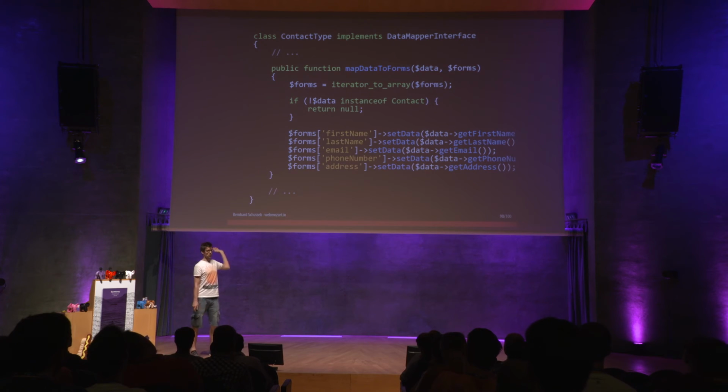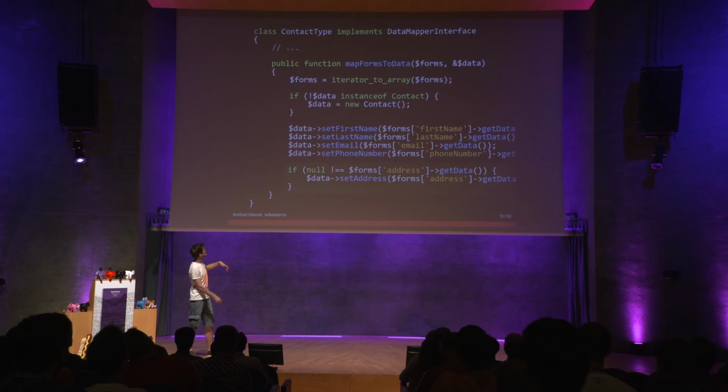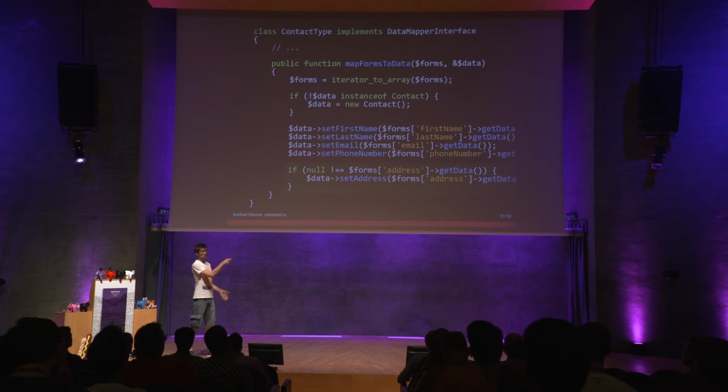And the second thing is you must prevent Symfony from calling the setter if the value is null. And you learned how to do that before. You can write your own data mapping logic, implement data mapper interface, and one way is quite straightforward, but on the other way back, when you update the data, you can actually check if the address is not null, and only if it's not null, you set the address on the object.